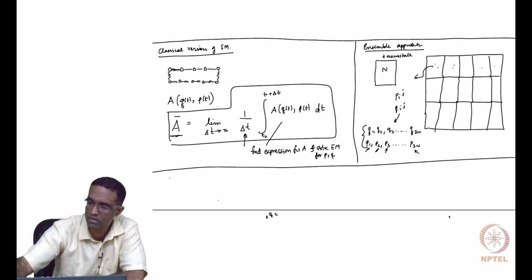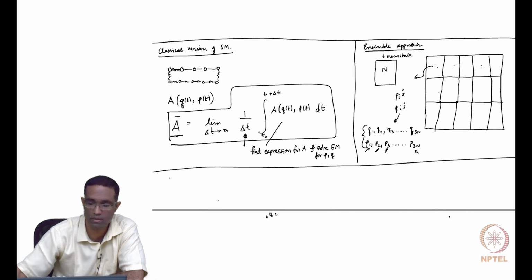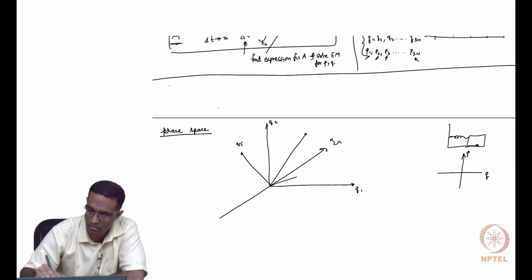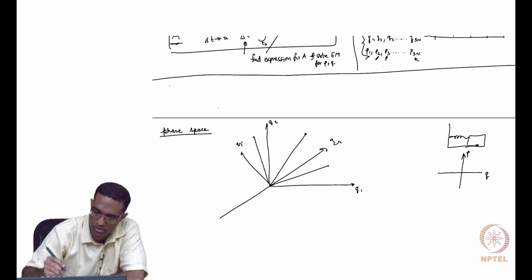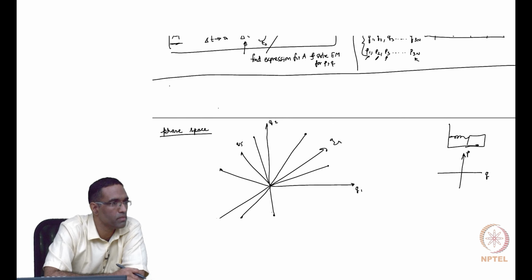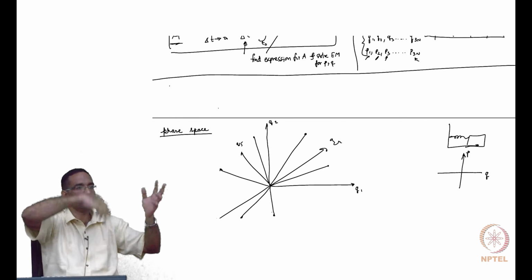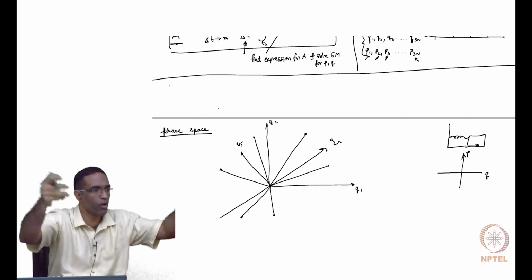Each of these ensemble members has a different point in the phase space, and all of them are now moving because P and Q are evolving with time.